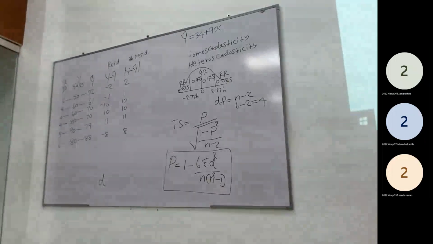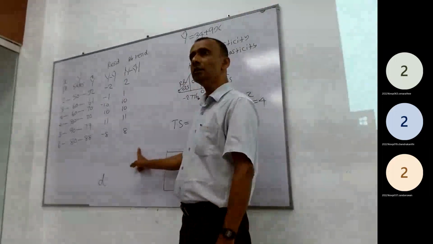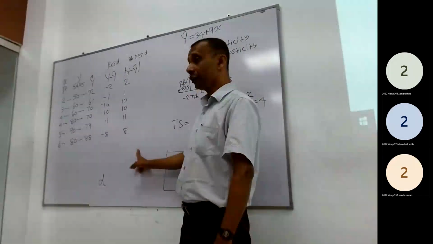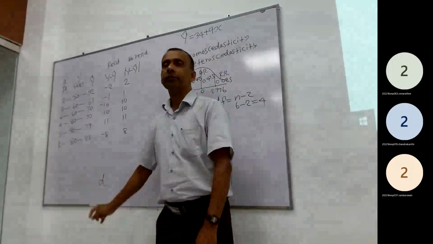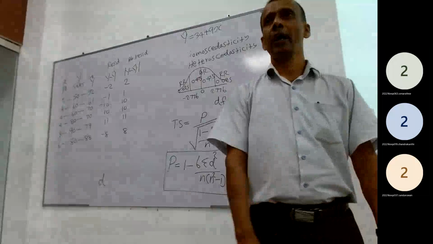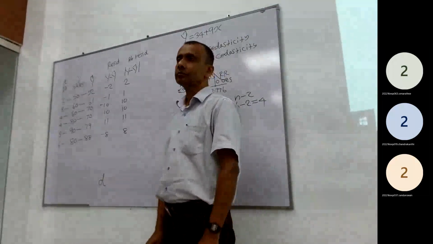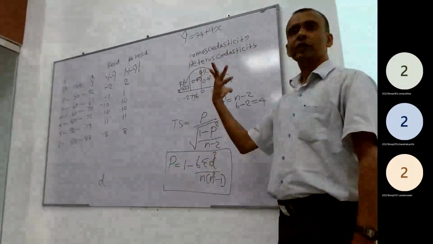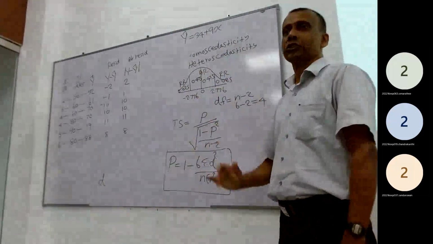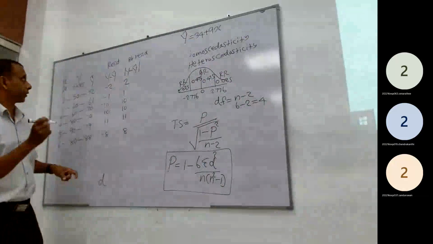The difference is denoted by simple D. When you take the square, irrespective of the negative sign, it will become positive. Now I want to rank.